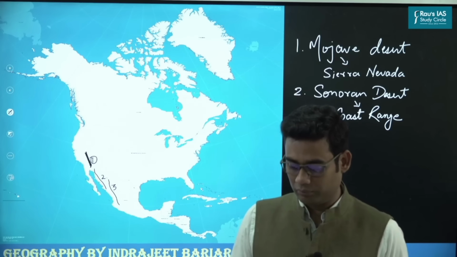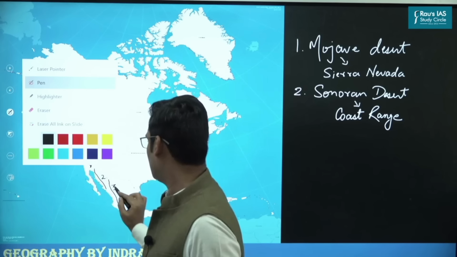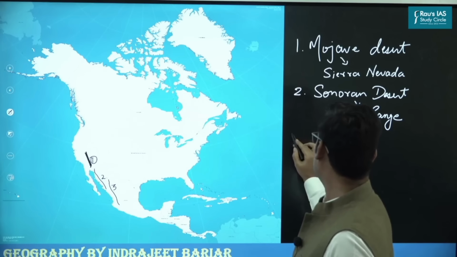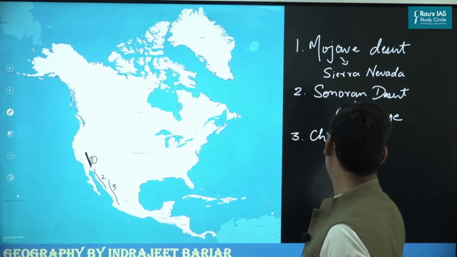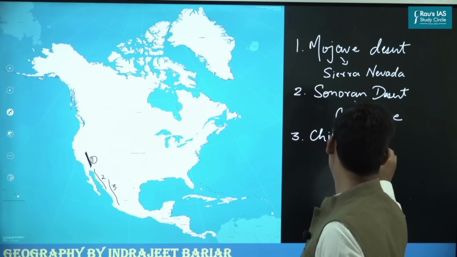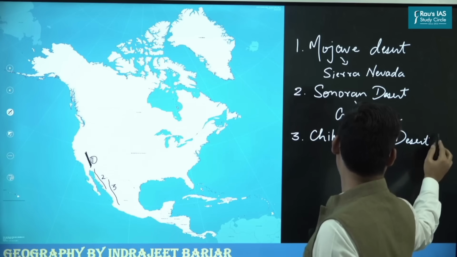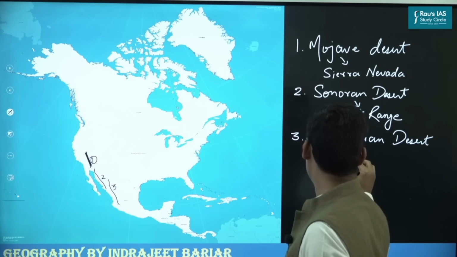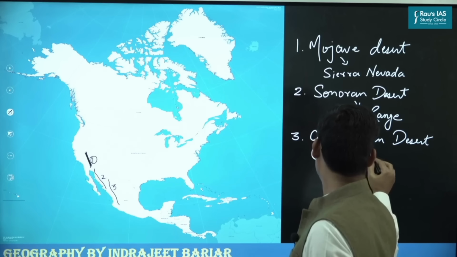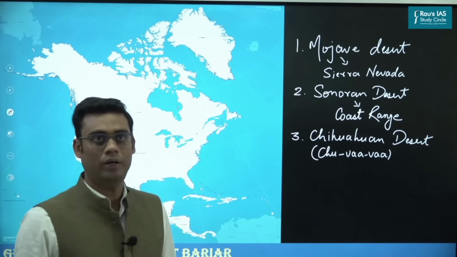And with Sierra Madre Occidental, the third desert that we have marked is pronounced as Chihuahua Desert.